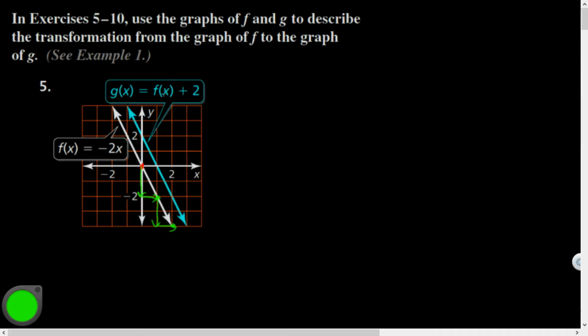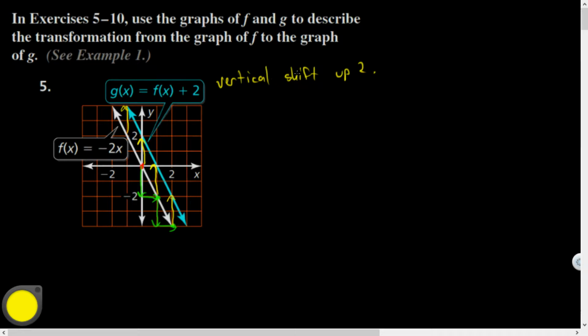And then they showed us the function f of x plus 2, and the plus 2 is on the outside of the parentheses, and that is going to result in a vertical shift up 2, exactly. It moves every single point on this line up 2 units. Everybody got moved plus 2.